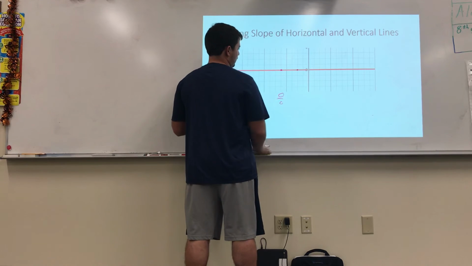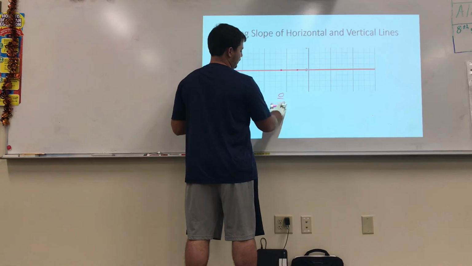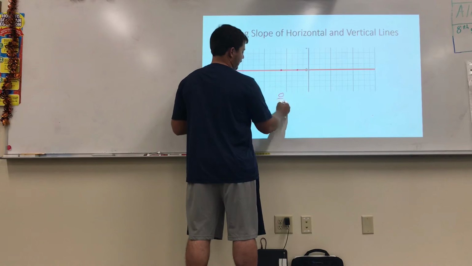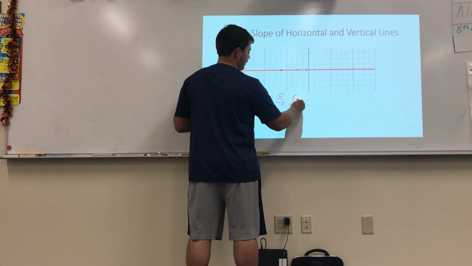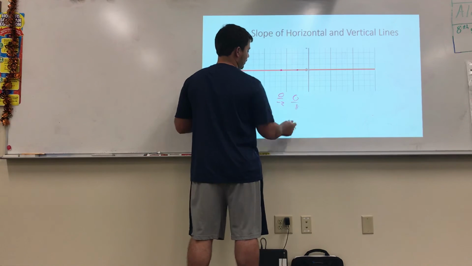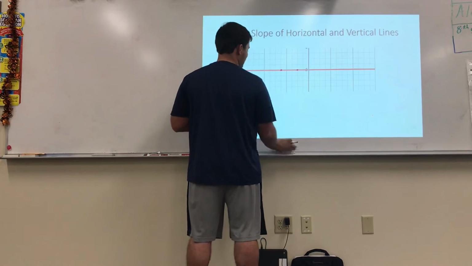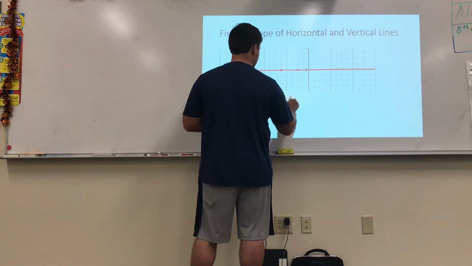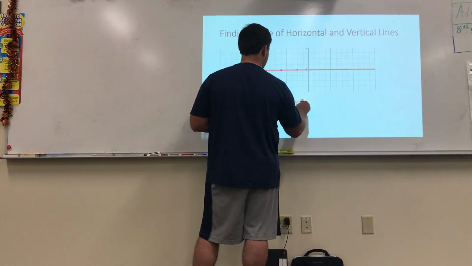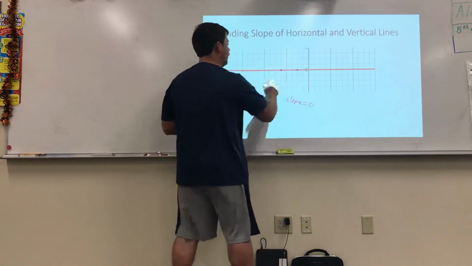No. So I could have gone to the left or right, any number on it. No matter what I do here, it will give me 0, right? So this one, my slope is 0 on a horizontal line.